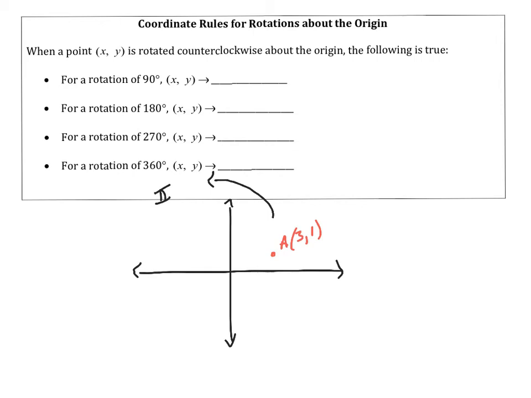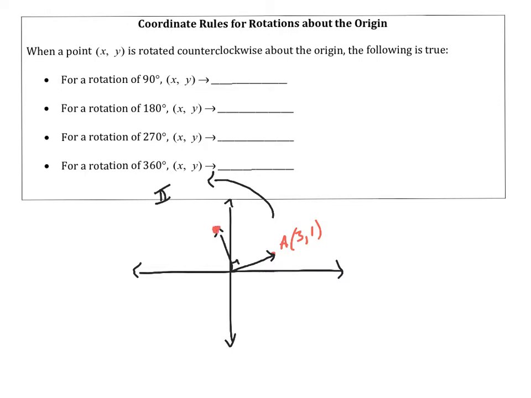What's going to happen when it rotates is it's going to move to this location after it's moved 90 degrees. Think about this segment going from the origin to that point, and then I want to create a 90-degree angle to where my new point is going to be located.